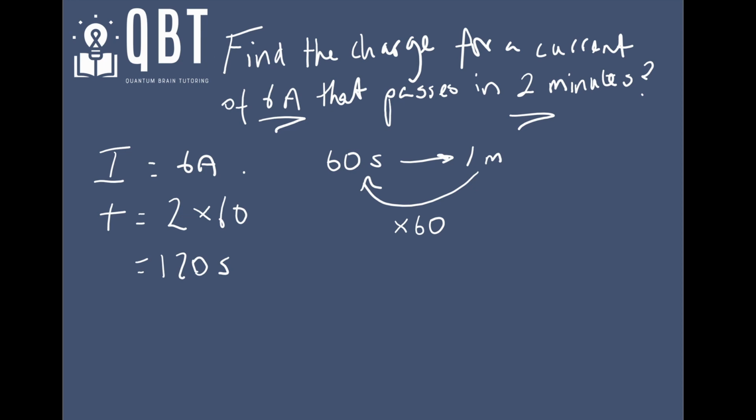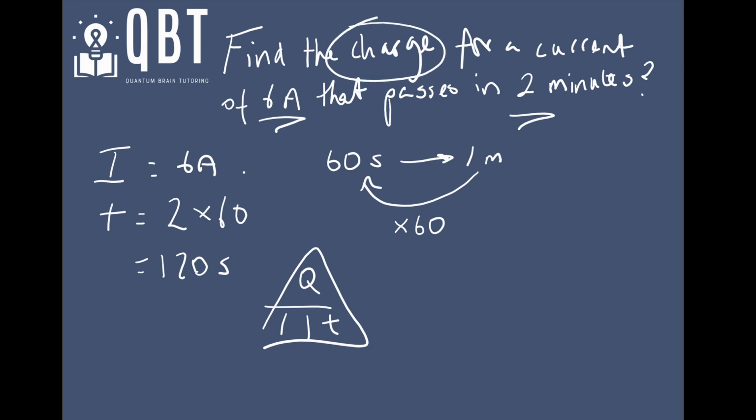Then we use our equation, Q equals I times T. And we think to ourselves, okay, what are we looking for? Well, we're looking for charge, we're looking for Q, and we know that Q is equal to I times T, which means we have 6 times 120.